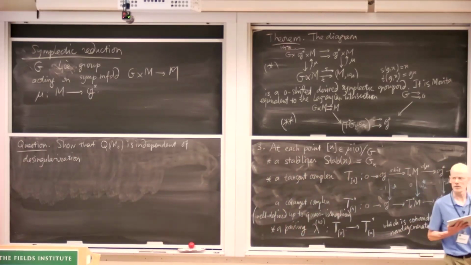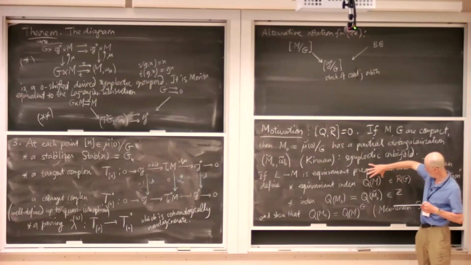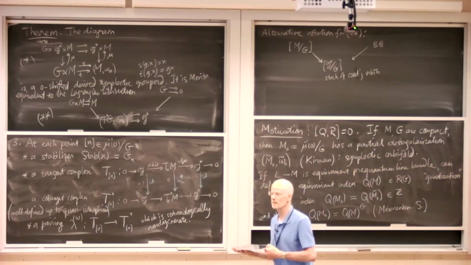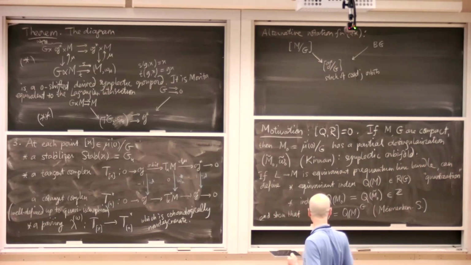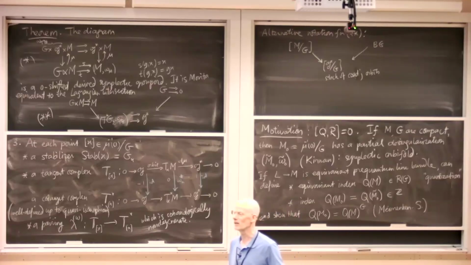A posteriori, you see that however you desingularize, it's going to give you the trivial multiplicity. But what if you wrote that singular symplectic quotient in a completely different way, as a quotient of a different Hamiltonian G-space or a different group? Then you lose your grip on this. So that really is the question.